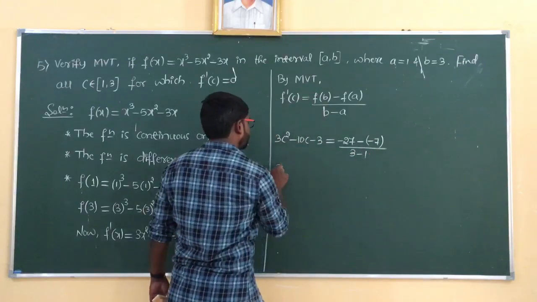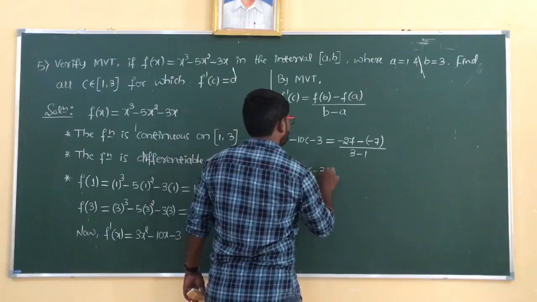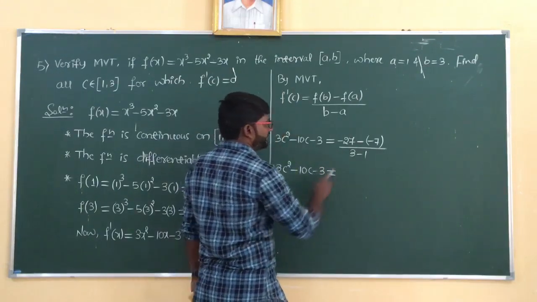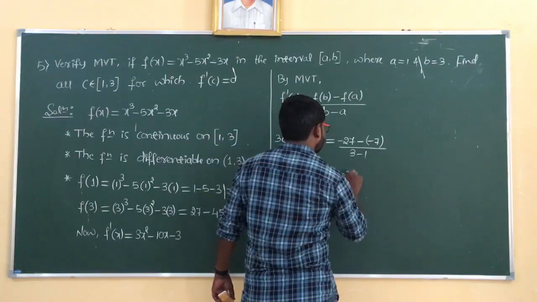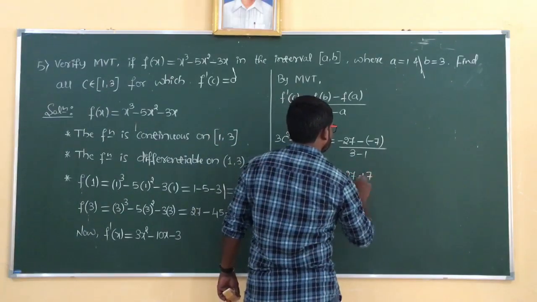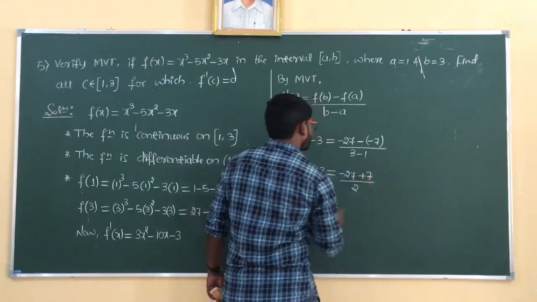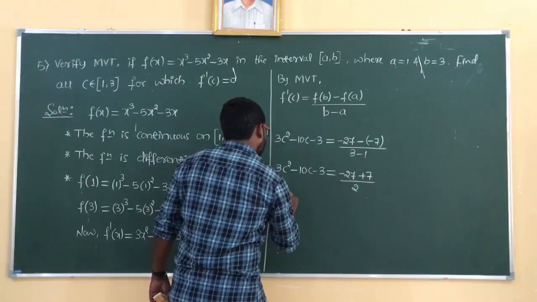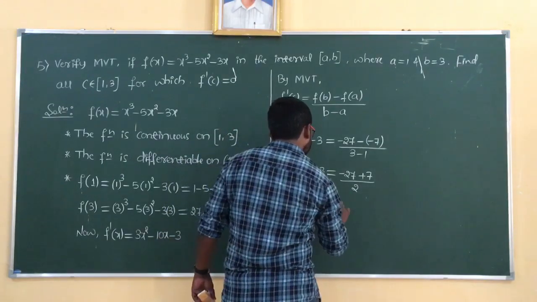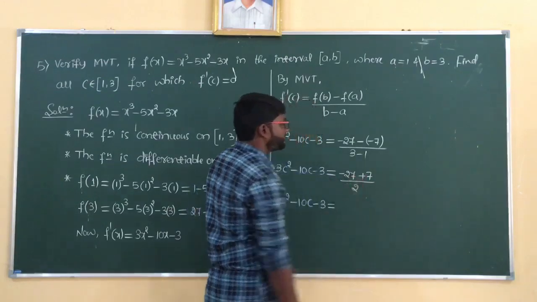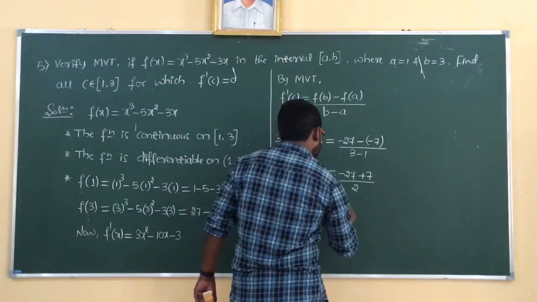So now 3c square minus 10c minus 3 is equal to minus 27 plus 7 divided by 3 minus 1, which is 2. Minus 27 plus 7 will be minus 20, divided by 2 will be minus 10.